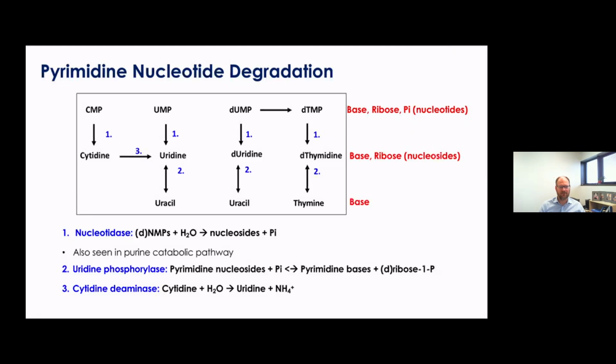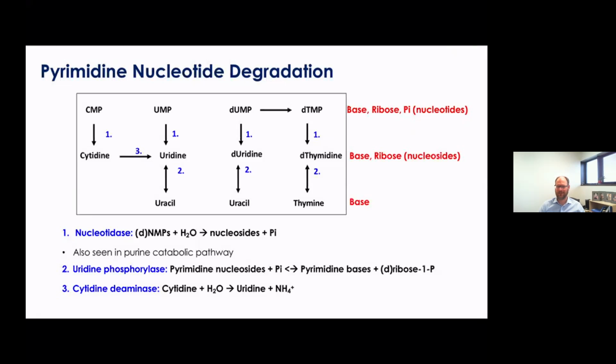The uridine phosphorylase reaction then takes pyrimidine nucleosides and converts them into pyrimidine bases. And the cytidine deaminases take cytidine and turn it into uridine and ammonium. So these are the different steps here.